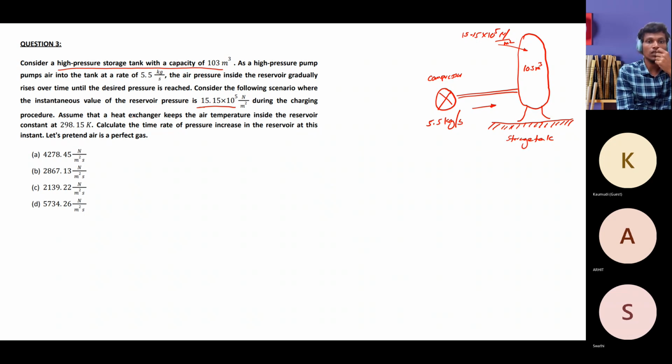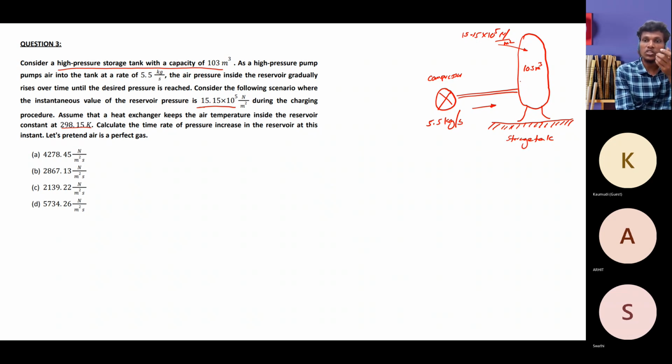And assume the heat exchanger keeps the air temperature inside the reservoir at 298.15 K. As you are compressing this air and increasing the pressure, since pressure and temperature are interrelated, the fluid will also heat up because the temperature rises when you compress it.